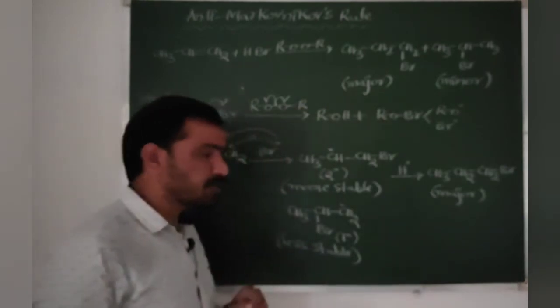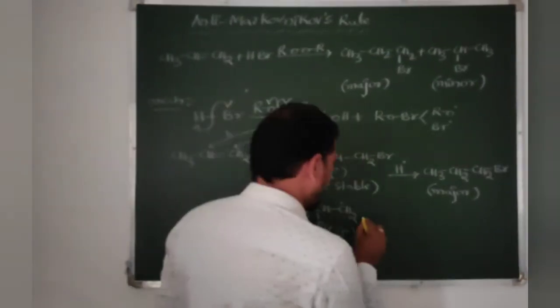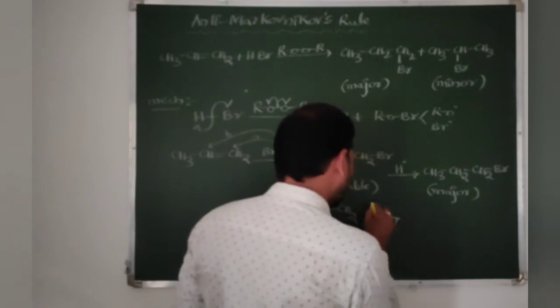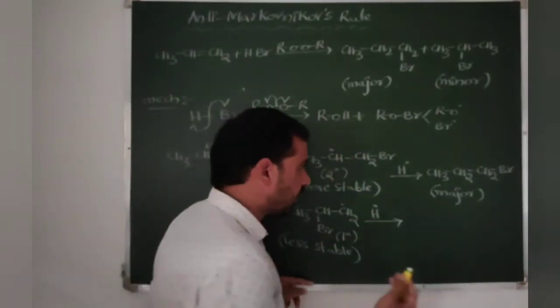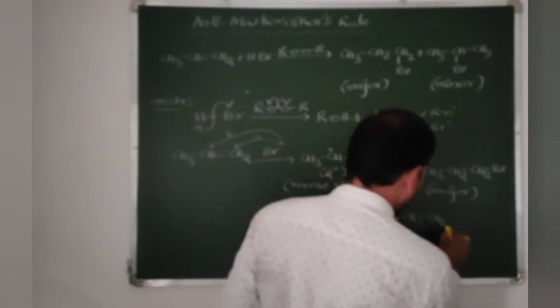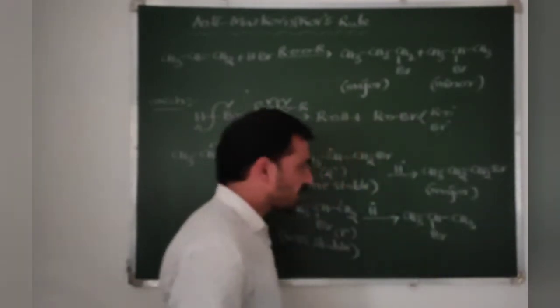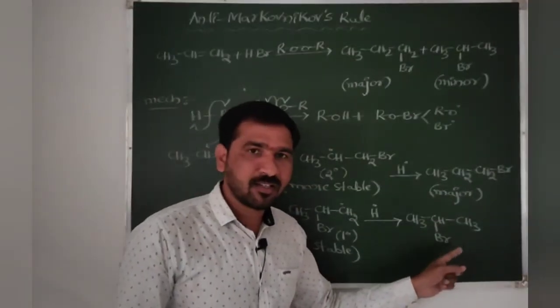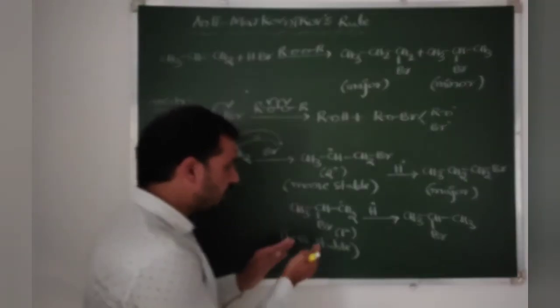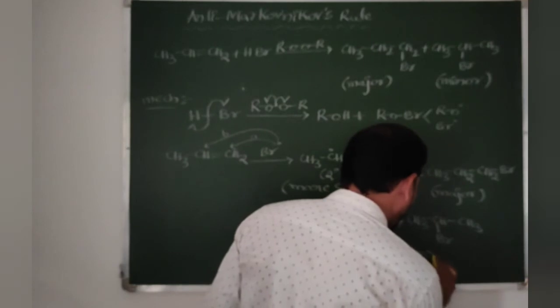Then coming to the path B intermediate. This is a 1-degree carbon free radical. H dot is added to this C dot. It results in the final product with CH3. This final product came from the less stable intermediate. So this is the minor one.